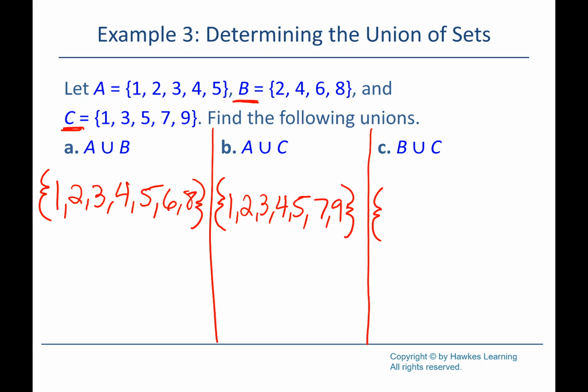We can make it look nice if we want to. You don't have to, but we can: 1, 2, 3, 4, 5, 6, 7, 8, 9. If you do 2, 4, 6, 8 and 1, 3, 5, 7, 9, that's fine. Order does not matter.